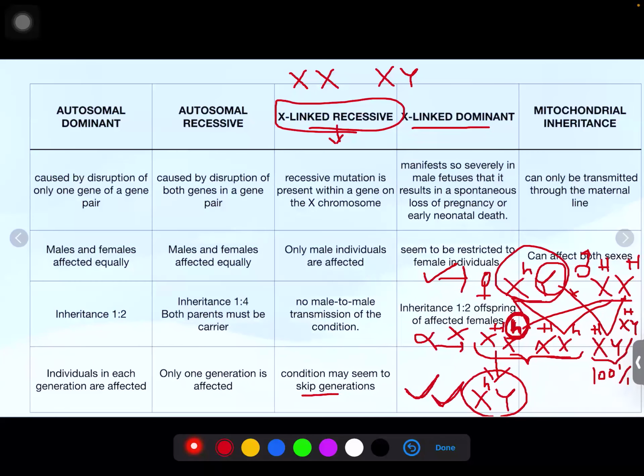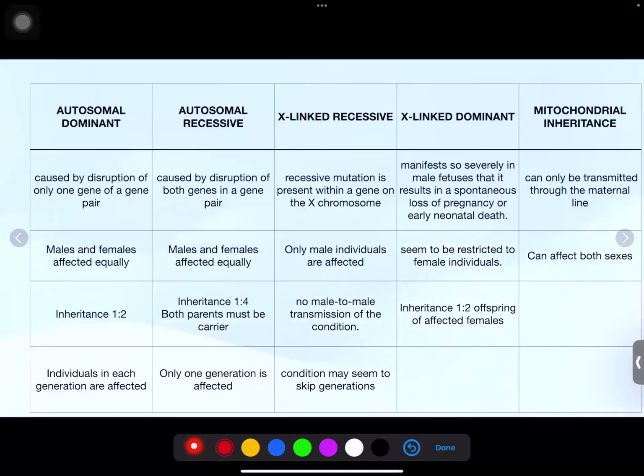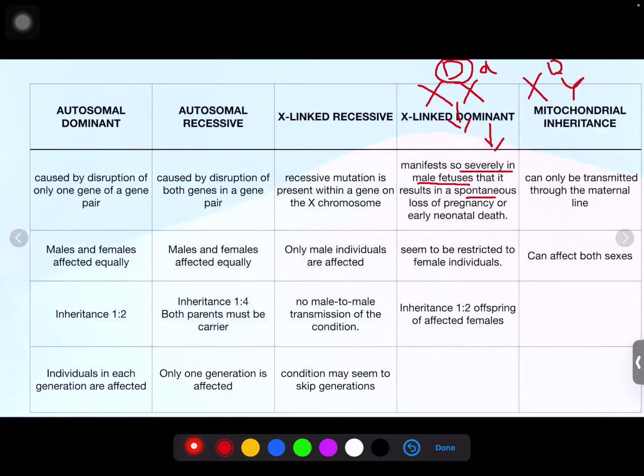Coming to X-linked dominant disease. Okay, X-linked dominant means the disease will be dominant even if one gene is present, and like this will be the male. But they say that this dominant gene manifests so severely in male fetuses that it results in spontaneous loss of pregnancy or early neonatal death.